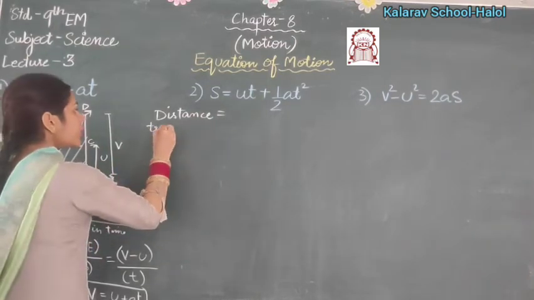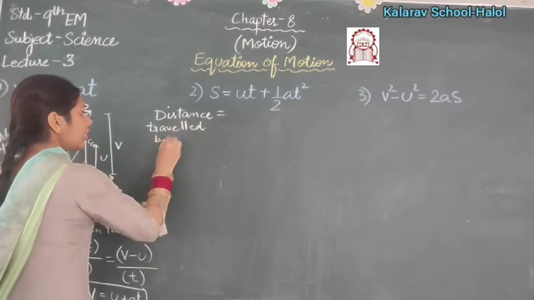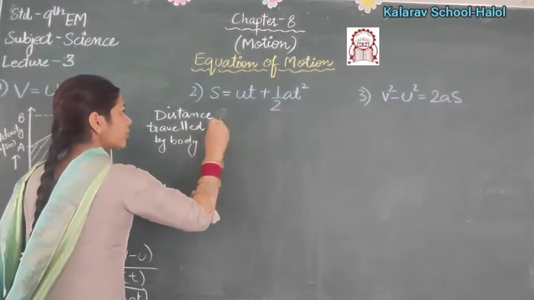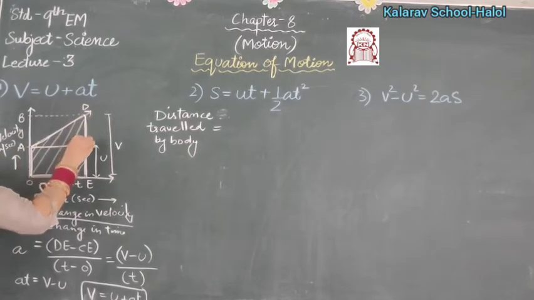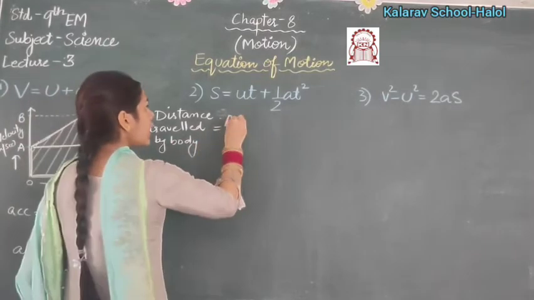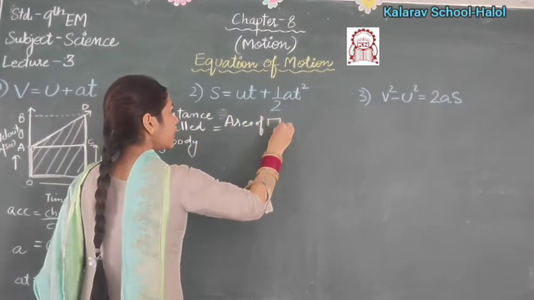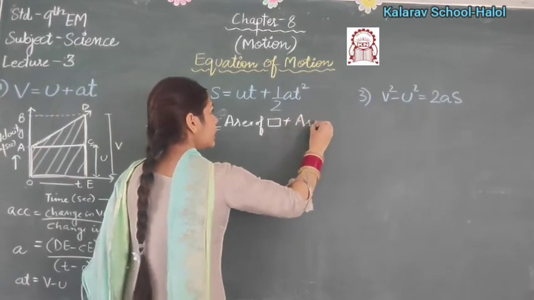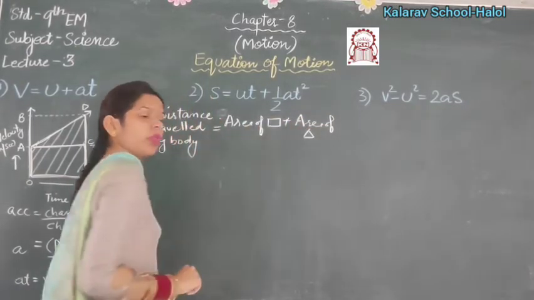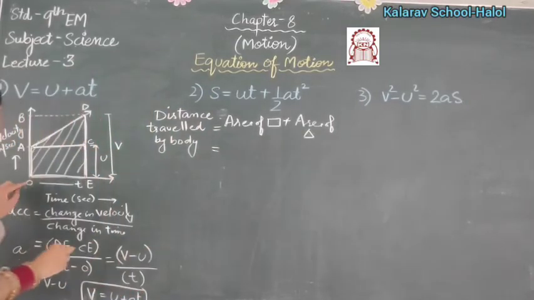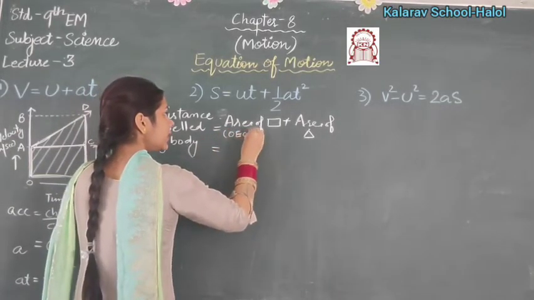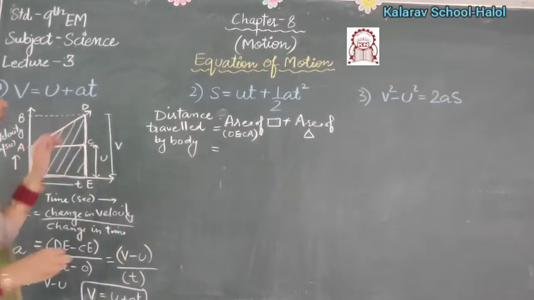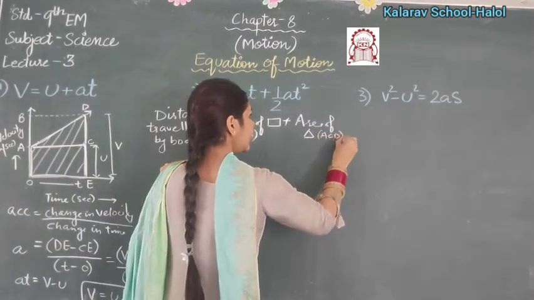So the distance traveled by the body equals the area of the rectangle plus the area of the triangle. The rectangle is OECA, and the triangle is ACD.